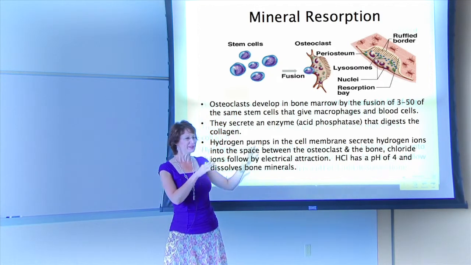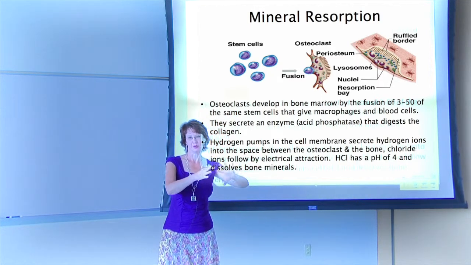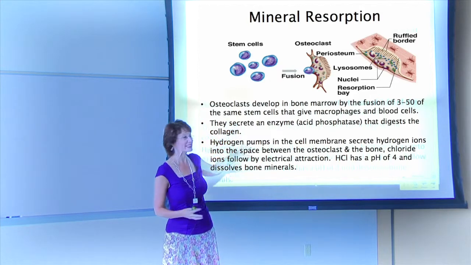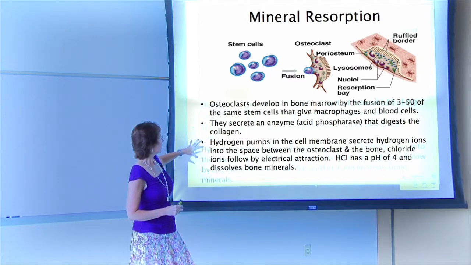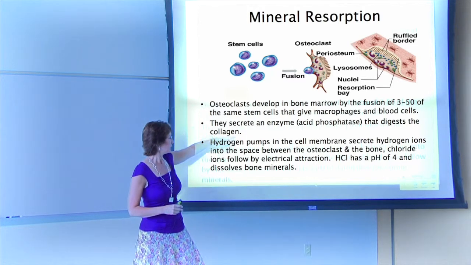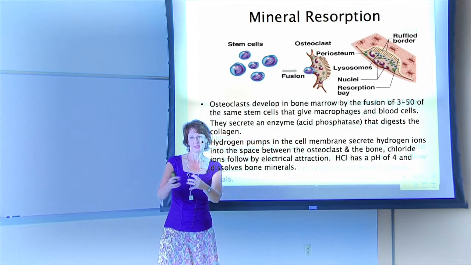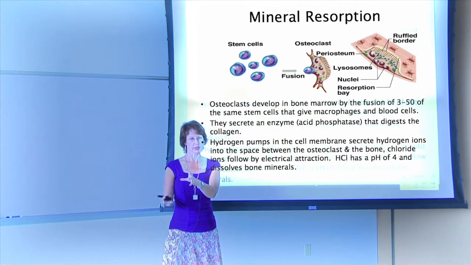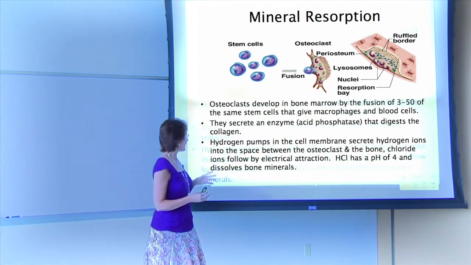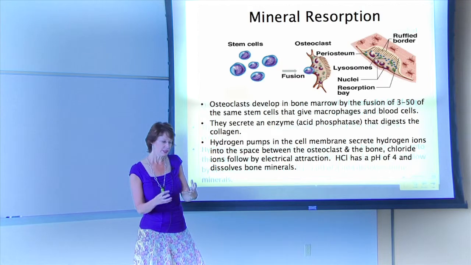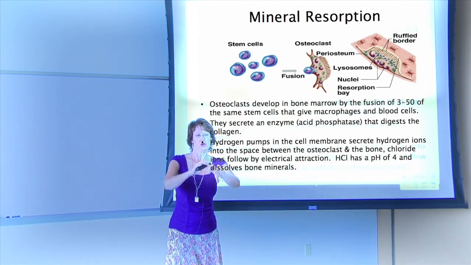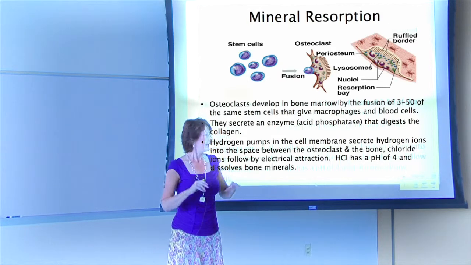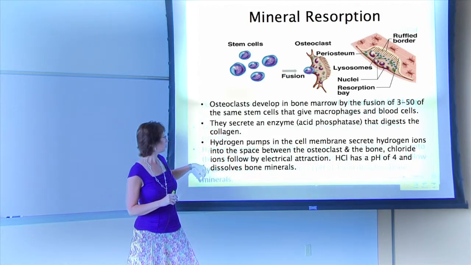And kind of like the osteoblasts can make both parts of the matrix, the osteoclasts can eat both parts of the matrix. So they are able to secrete an enzyme called acid phosphatase that will digest away the collagen, organic part of the matrix. And they have these pumps in their cell membrane that will pump hydrogen out of the cell onto the surface of the bone. And when the hydrogen goes out, chloride follows.